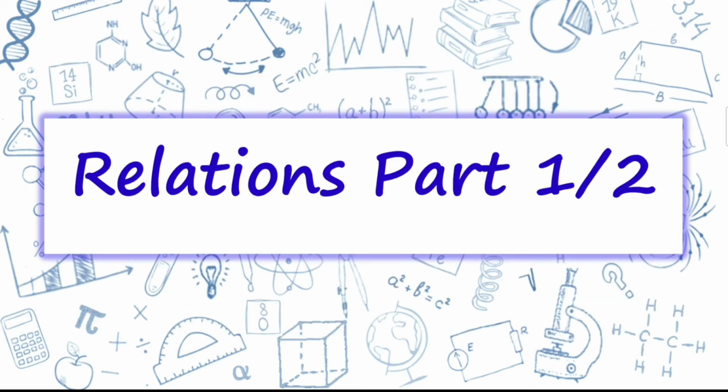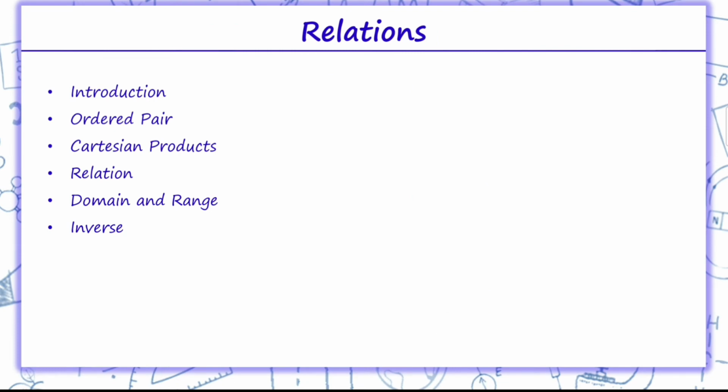I am Kirat Jamtani and today we are going to start with the second chapter of maths, that is relations and functions. We have divided this chapter in two parts. First we'll talk about relations and then we'll talk about functions. This relations video will be made in two parts.